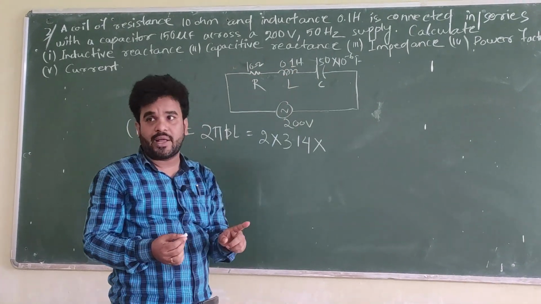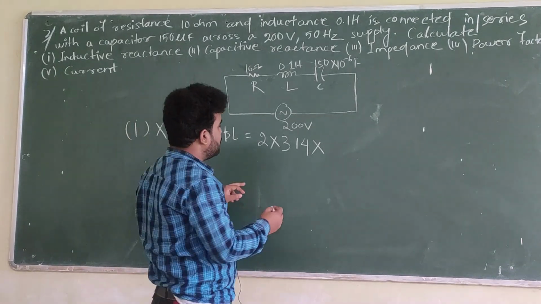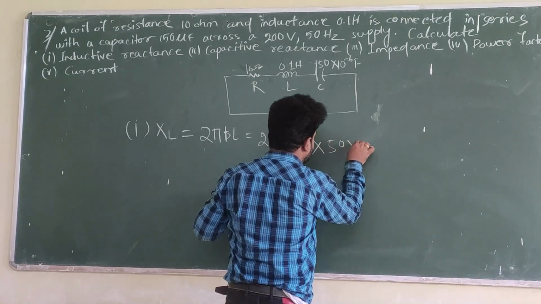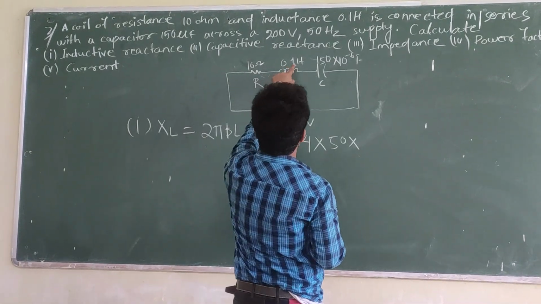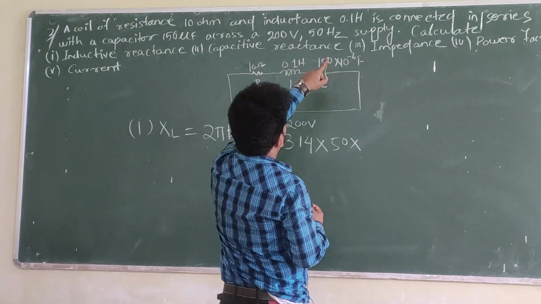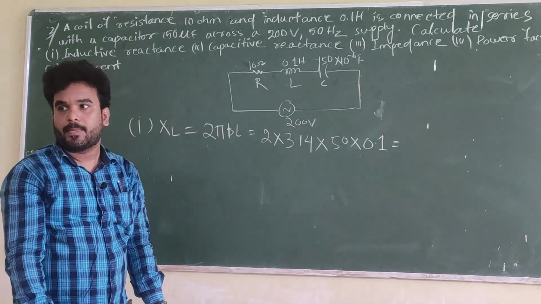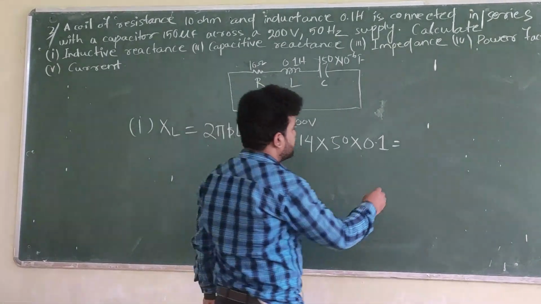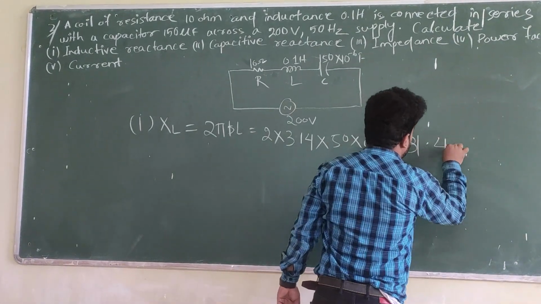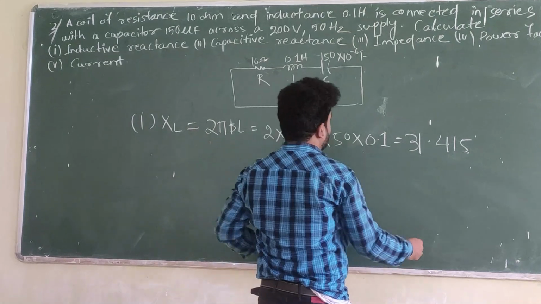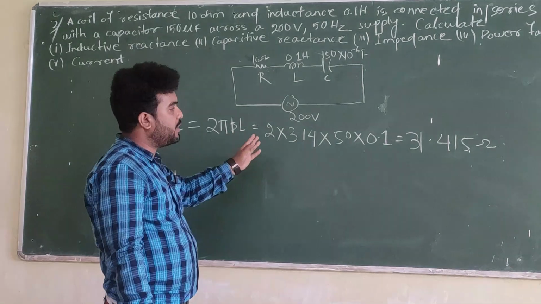If frequency is not given, you can take 50 because Indian frequency is 50 hertz. Into L, which is 0.1 Henry. The answer is 31.415, and the unit is ohm.